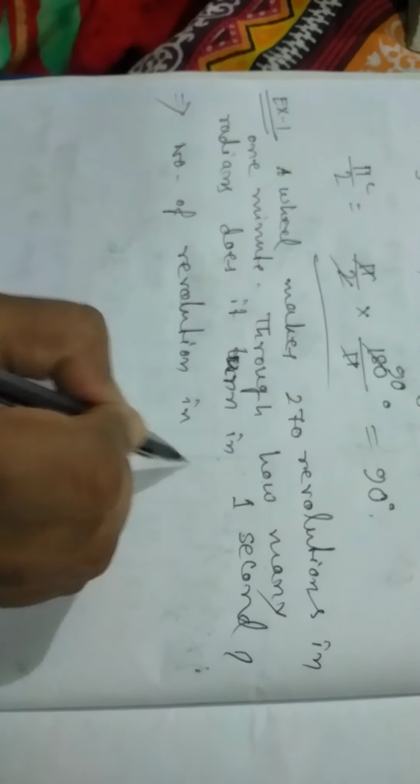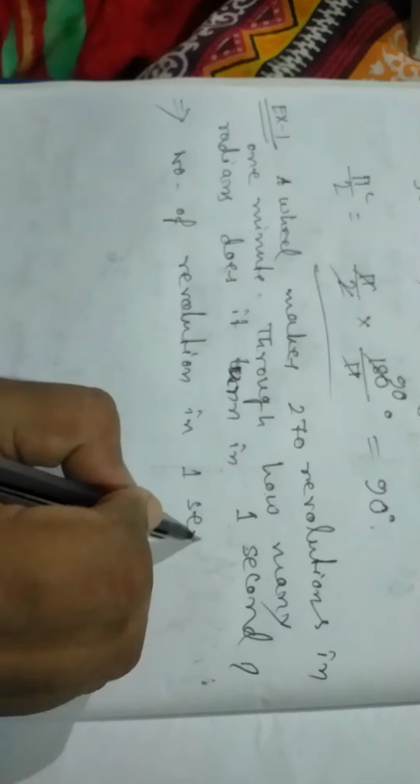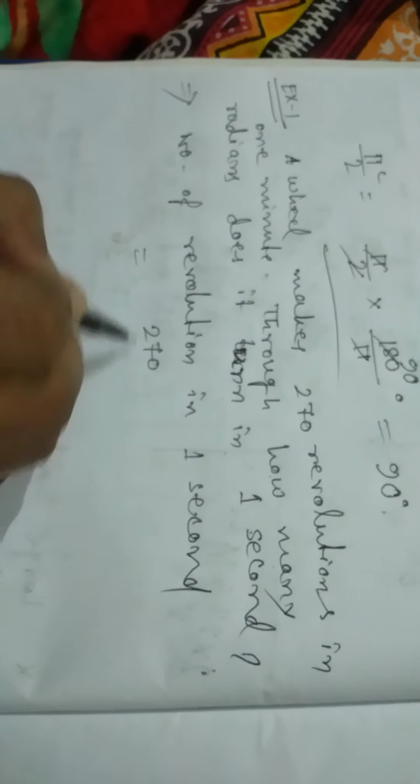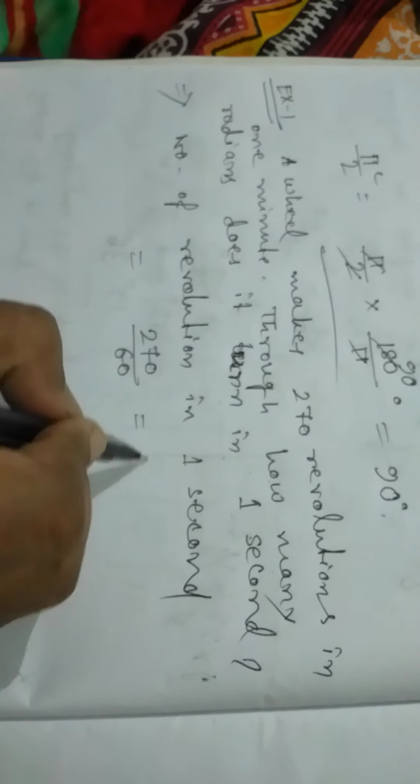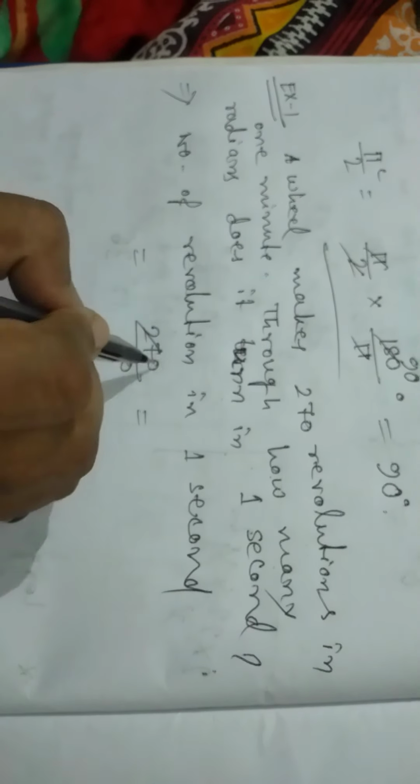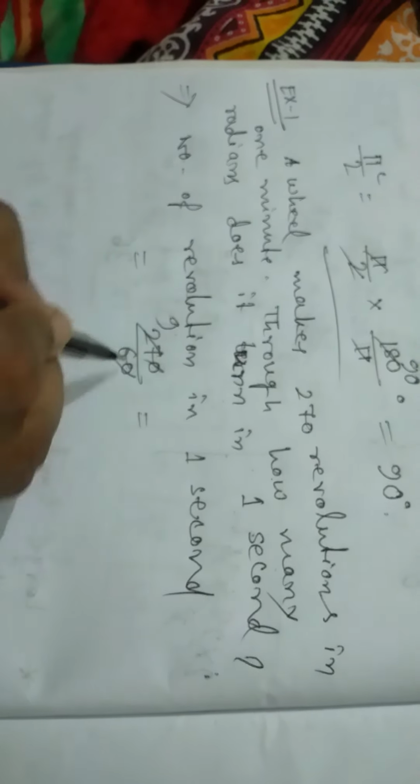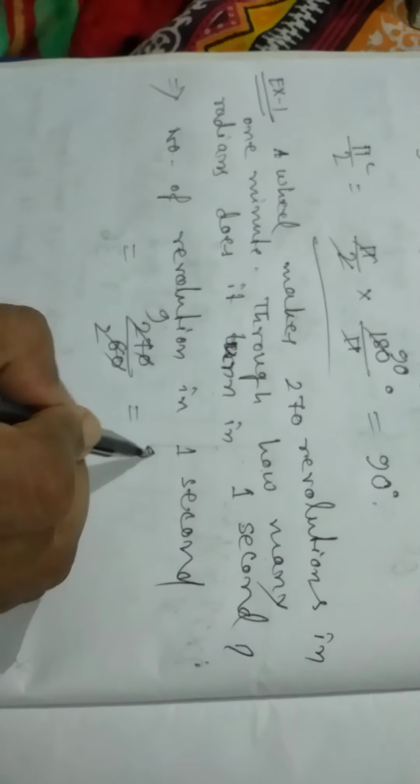The number of revolutions by the wheel in 1 second will be how much? 270 by 60. That's it. 9 by 2. This is the number of revolutions in 1 second.